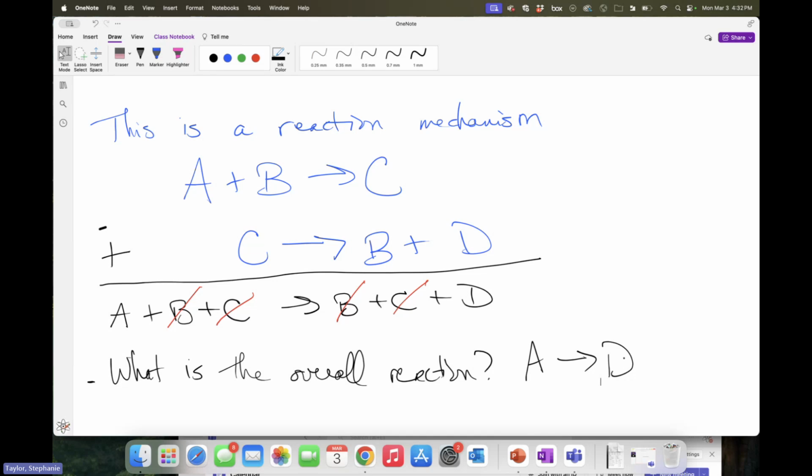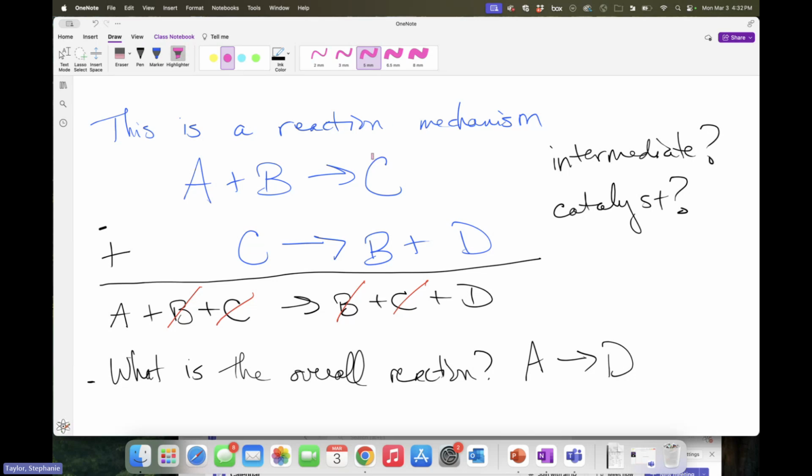But we have a tendency to ask more things. So we might ask for things like what the intermediate is and what the catalyst is. The thing is that B and C are our contenders for intermediate and catalyst, but they do two different things, and this is the part that's important.